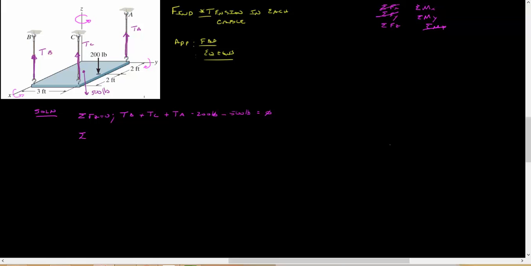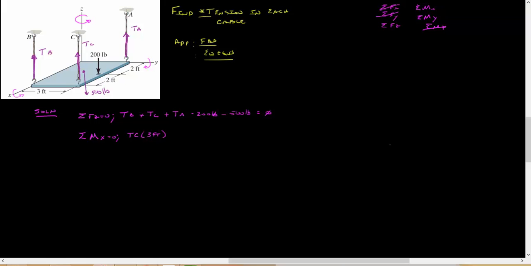So I will use my equation, sum my moment about the x is equal to 0. Now when I do this, I'm going to say TC. I am summing it about the x-axis, so my distance is 3 feet, and it is rotating here, which is going to be positive. Remember, counterclockwise.